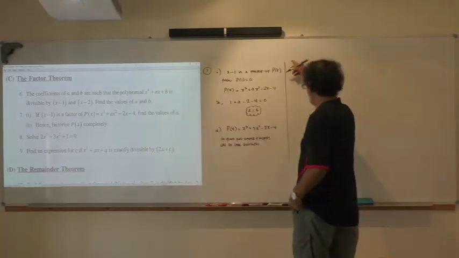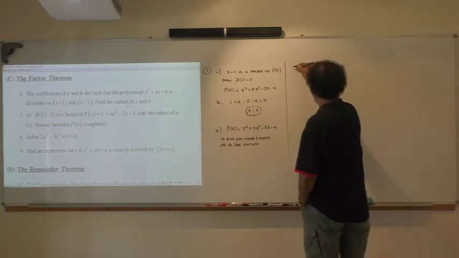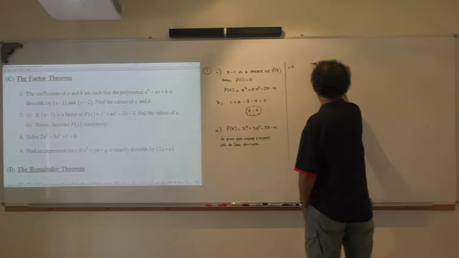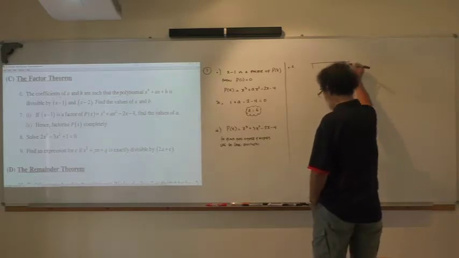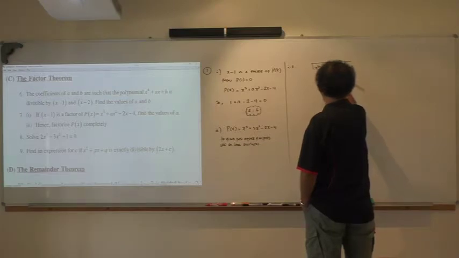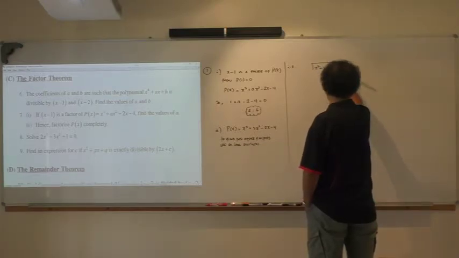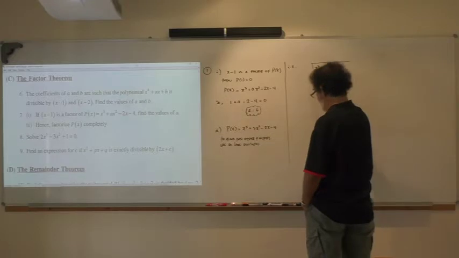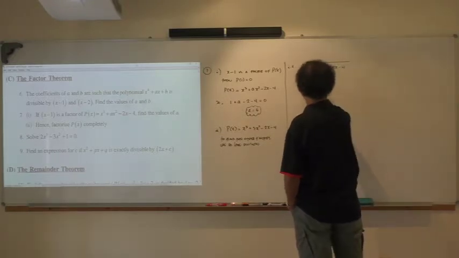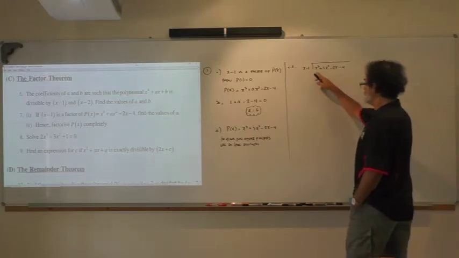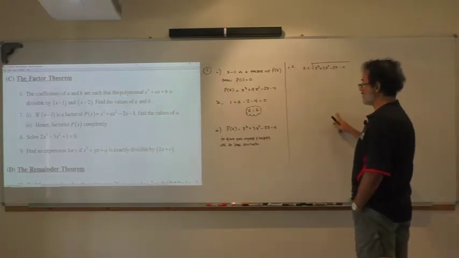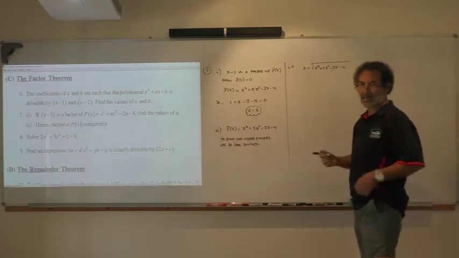I'm going to continue here. That means we have to do x cubed plus 5x squared minus 2x minus 4 divided by x minus 1. Remember, if you divide this by this, the remainder is going to be 0 because x minus 1 is a factor.